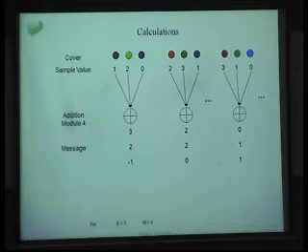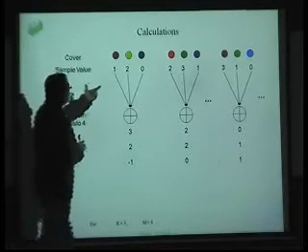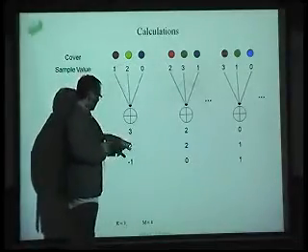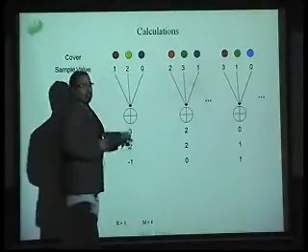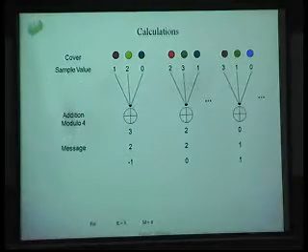Now compare with the corresponding block of the cover. This one is from the cover and this is from the message. So the functional output from the cover for that block is 3 and from the message it is 2.